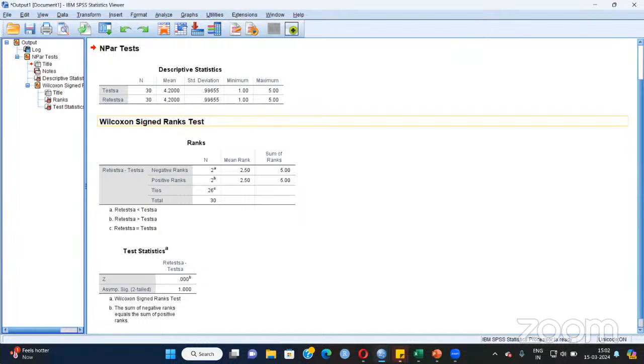In case of the parametric t-test, you are using the metric data. The format is the same for the parametric and non-parametric.